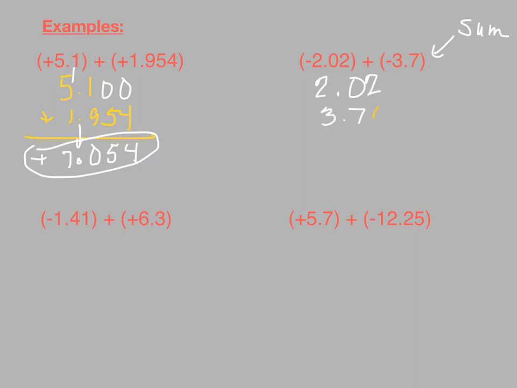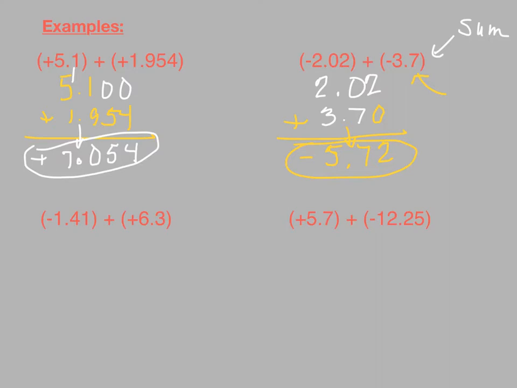I'm going to put a placeholder in right below the 2, and I am adding these. 2 plus 0 is 2, 0 plus 7 is 7, 2 plus 3 is 5. And drop the decimal straight down. I've got 5.72. I would have been looking at the larger absolute value, but in this case they are both negative, so my final answer is negative 5.72.